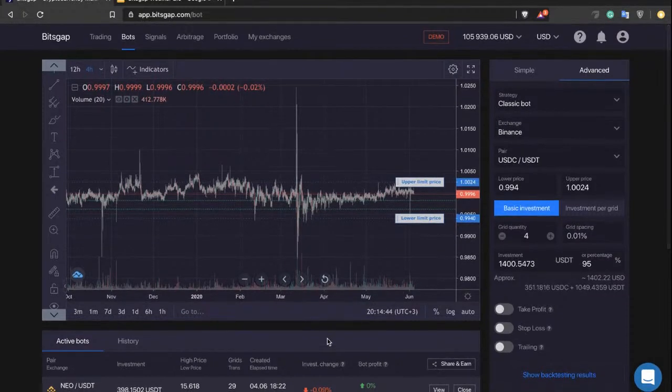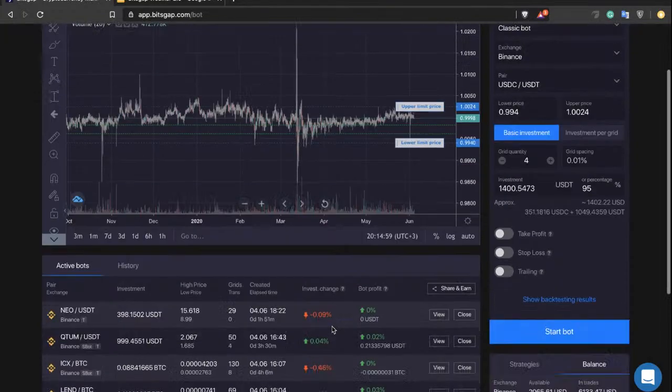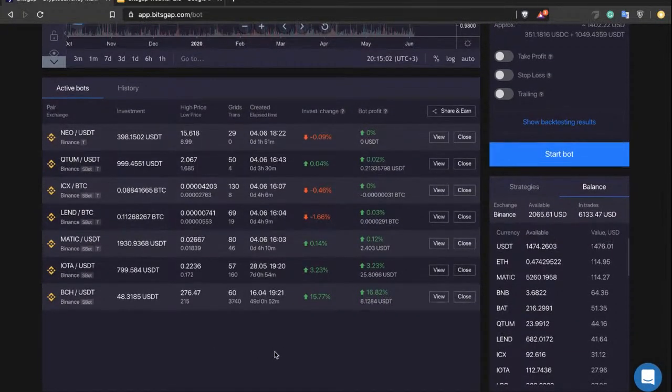And once again, for those of you who want to find their own strategy, who want to optimize trading, use demo trading like I'm doing here.